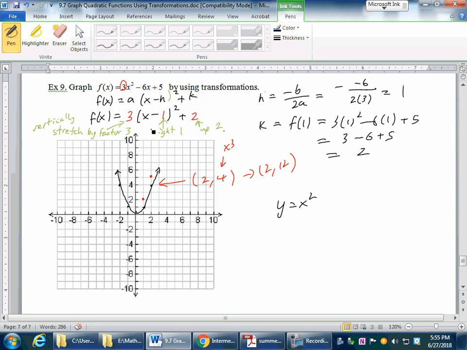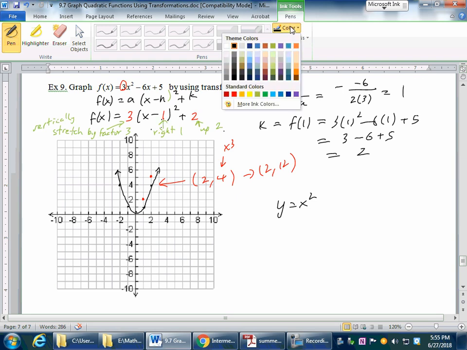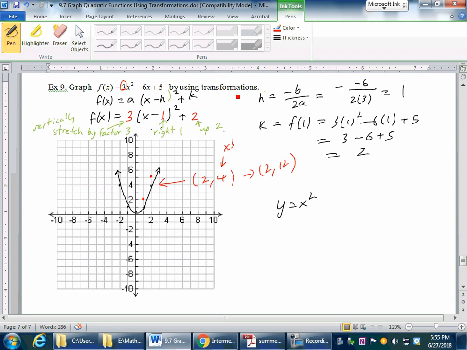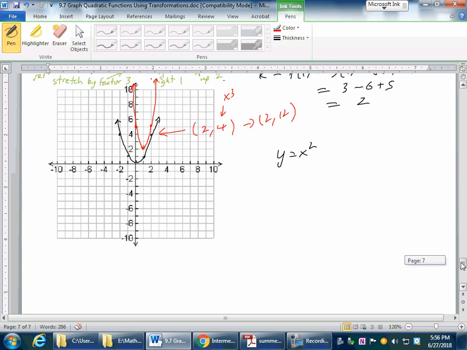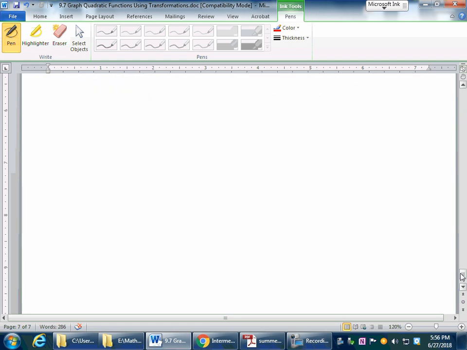And I'm going to shift to the right 1 unit and add 2 more units, so it's going to be way up there. So we don't really need that. So I can use the symmetric idea to get another point on the left of this, which is going to be right here. This is my center, so now I can graph this. That'll be the transformation. And this concludes the section.